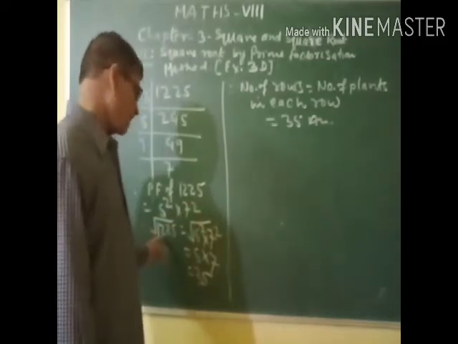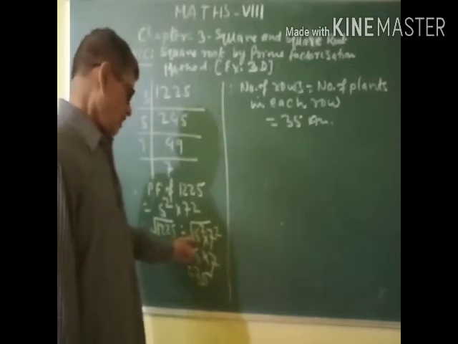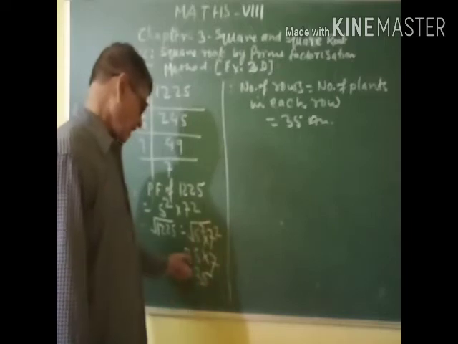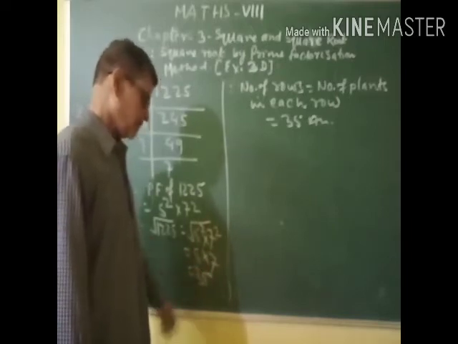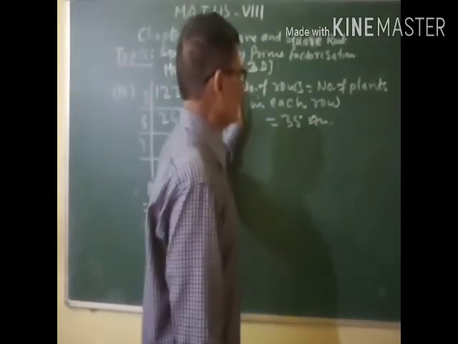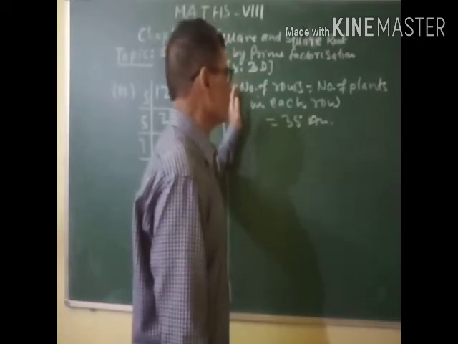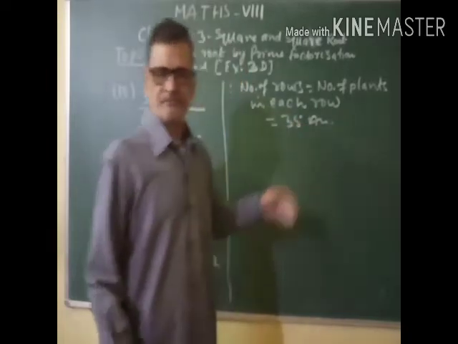Thus the square root of 1225 equals under root 5 square into 7 square, and this will be equal to 5 into 7 equal to 35. Thus the number of rows equal to the number of plants in each row should be equal to 35.